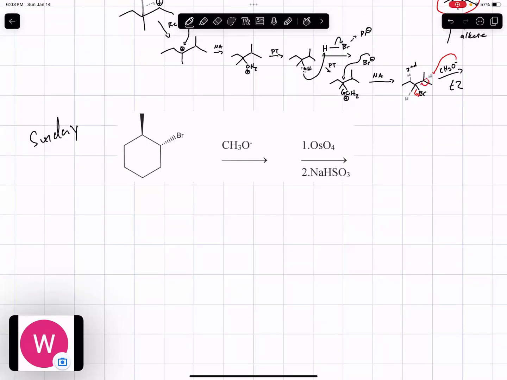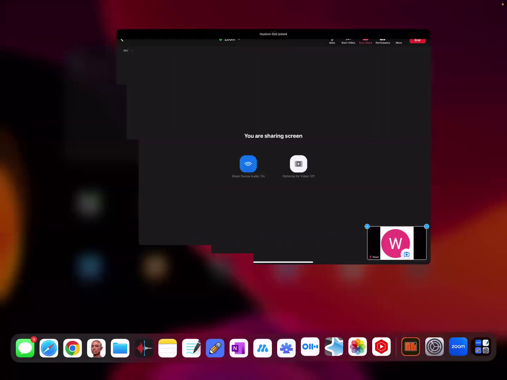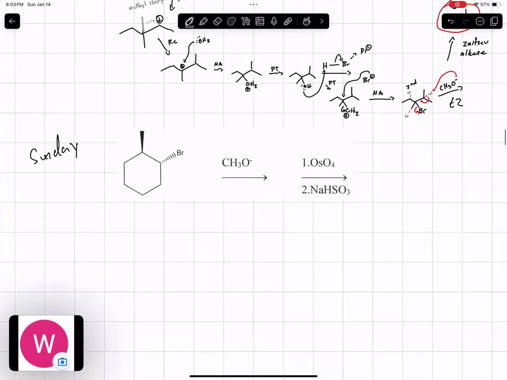Although you know that secondary substrates can also undergo SN2 reactions, correct? So there's multiple products here, because if I did do an SN2 reaction, we would get a methoxide here, right? And an OMe group, right?